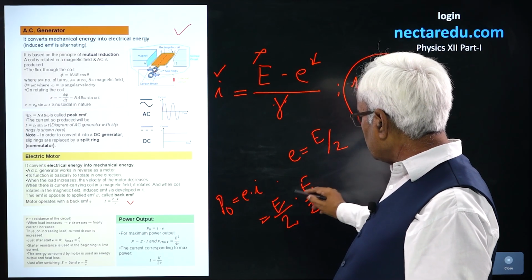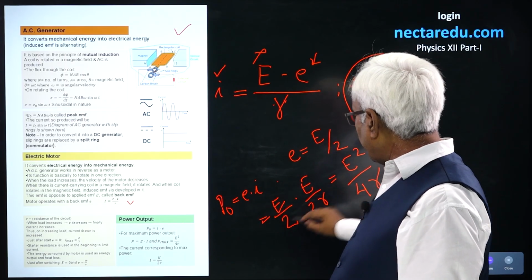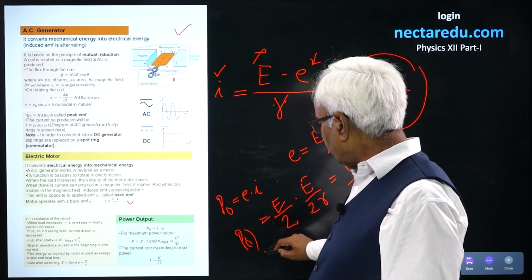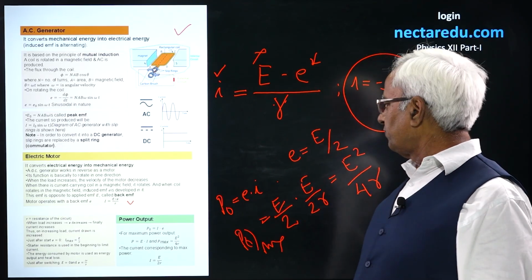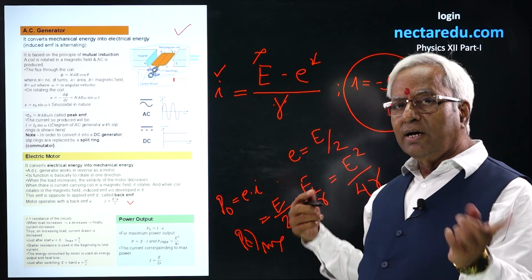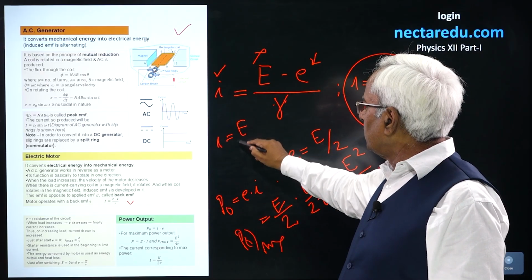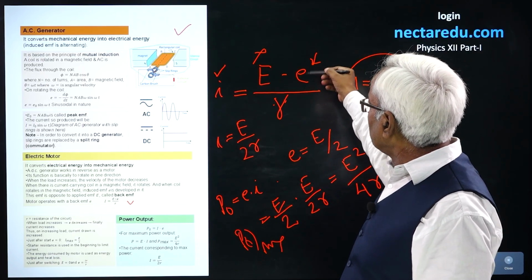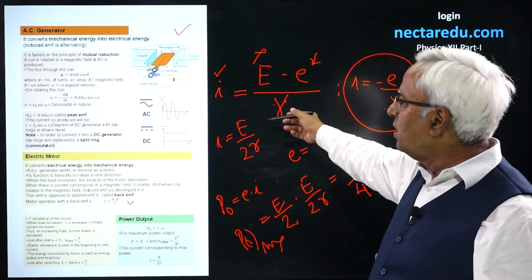This becomes the relation E square upon 4R, the maximum power possible from the motor. The condition for this is e equal to E by 2, and the current corresponding to maximum power is going to be E upon 2R, simply because you'll put here E minus E by 2, that is again E by 2R.